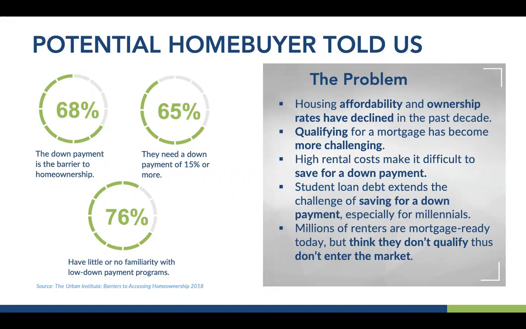Potential buyers need to know that they can get an FHA loan with 3.5% down, a conventional loan with 3% or 5% down, if they're qualified, a VA loan, or if the property's qualified, a USDA mortgage.